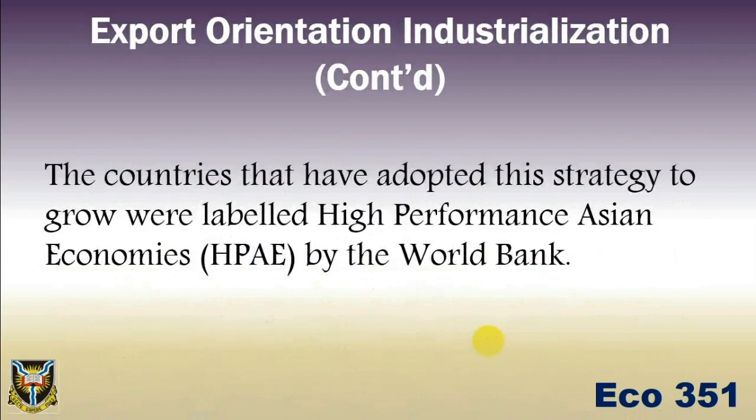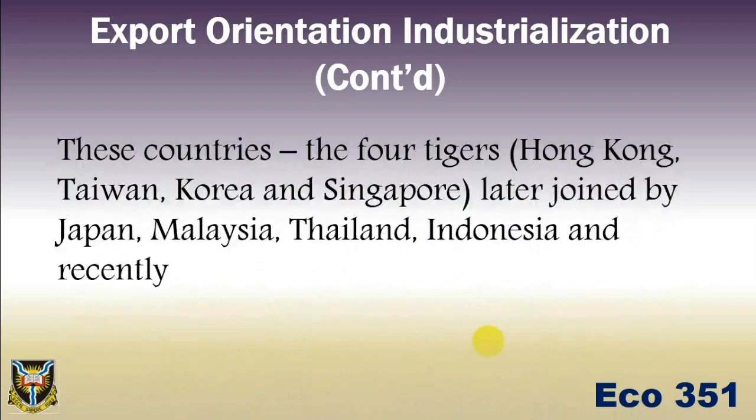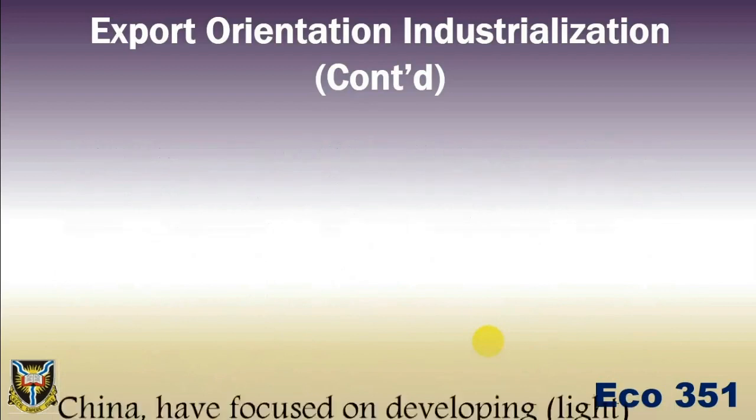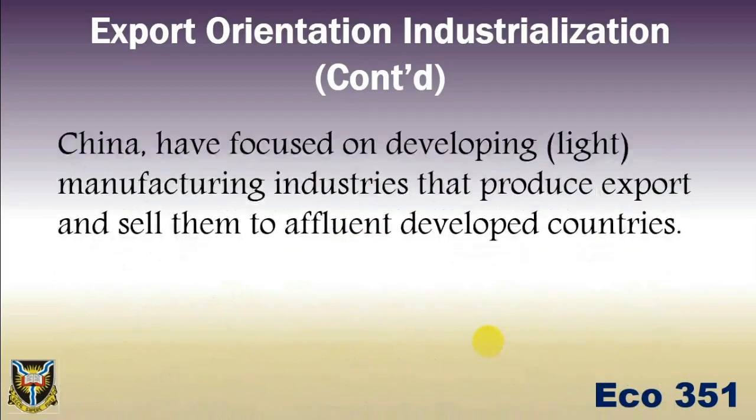The countries that have developed this strategy to grow were labeled high-performance Asian economies by the World Bank. These countries, the four Asian tigers, Hong Kong, Taiwan, Korea, and Singapore, later Japan, Malaysia, Indonesia, and recently China, are focused on developing manufacturing industries that produce, export, and sell to affluent developed countries.